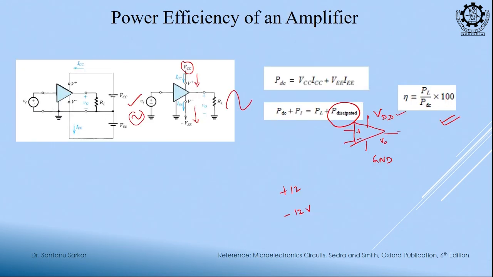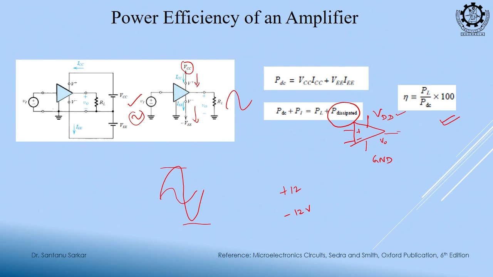Let us get back to the previous waveform. I have a sinusoidal signal, I have amplified it to something. Now, tell me what should be the maximum value of this range, how much this voltage can go, what will be the limiting value? Who will limit that? Supply voltages.